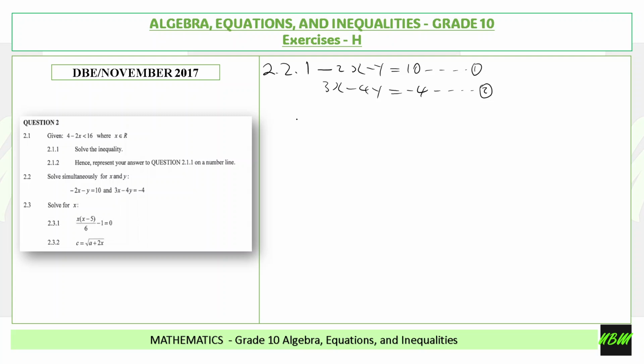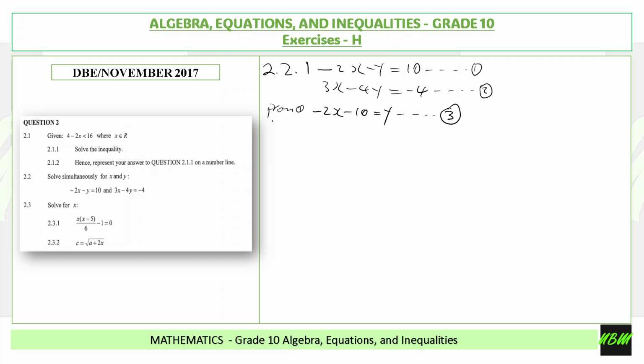So let us now take which equation? Equation 1. So we are saying from equation 1, let us make y the subject of the formula. We say minus 2x minus 10 is equals to y. We now label this our equation 3.